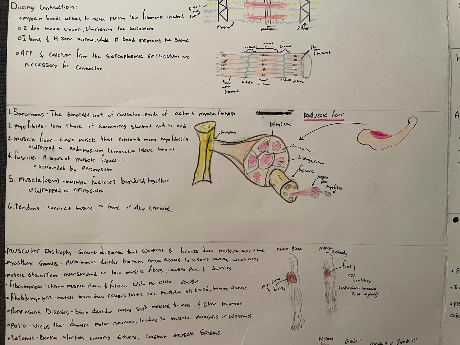These myofibrils are packed into muscle fibers, which are long cylindrical cells surrounded by connective tissue called endomysium. These fibers are then grouped into fascicles, wrapped in perimysium. Finally, many fascicles form a whole muscle, which is surrounded by epimysium.